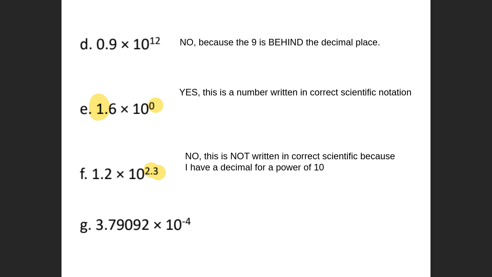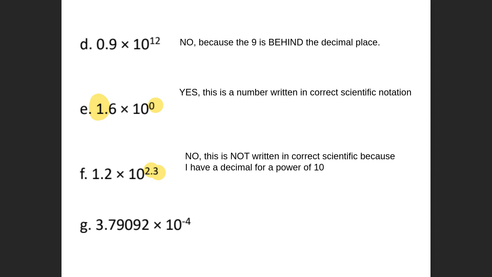Yes, this number is in scientific notation because, one, the power of 10 is a whole number. Now, it can be positive or negative, but it is a whole number.